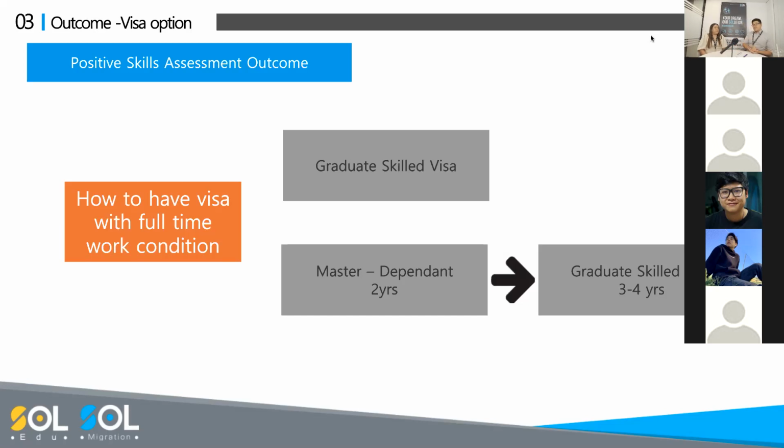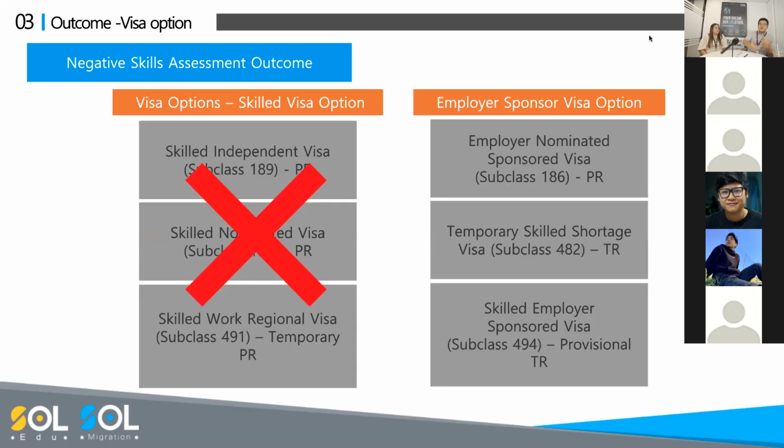So let's say a 2-year master degree, during those 2 years Diego has full-time working rights. And during those 2 years, while the partner is studying, Diego will make money and try to obtain the relevant work experience to prepare for the future visas. I understand it costs a lot, but I believe it is kind of an effective investment.